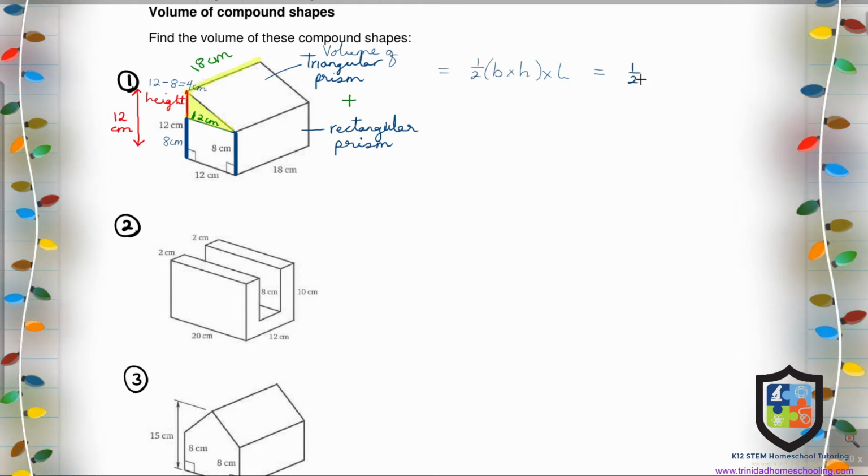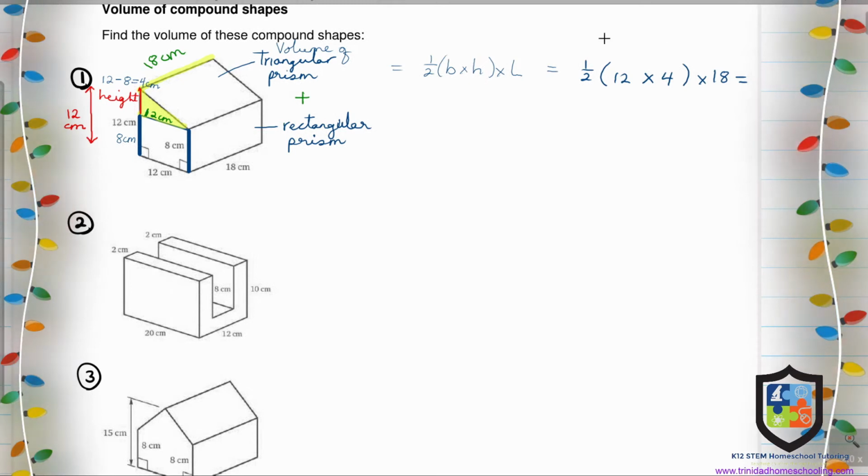A half of the base was 12, the height is 4, and the length is 18. Okay, so our value here is going to be 432 centimeters cubed.